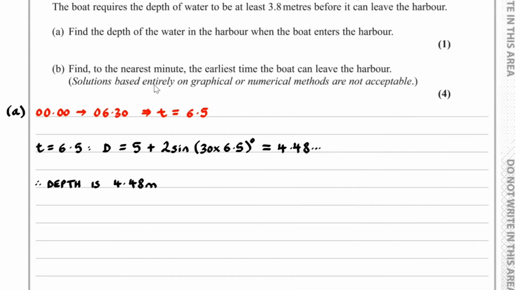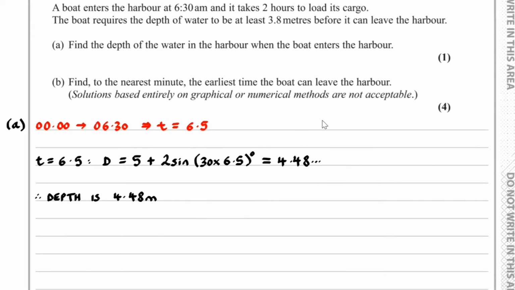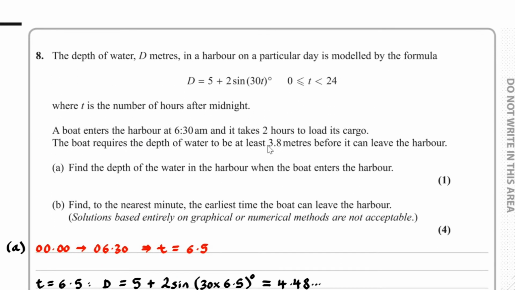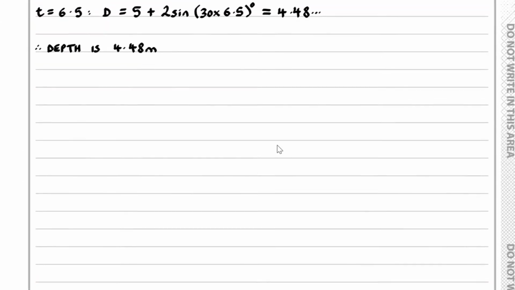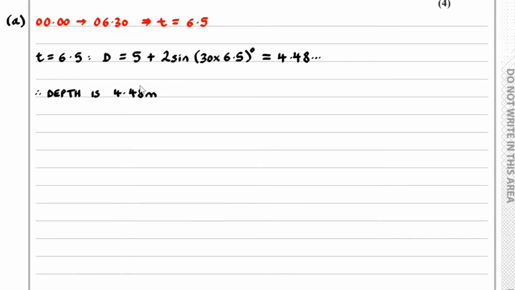Then, for part B, we have to find, to the nearest minute, the earliest time the boat can leave the harbour. Well, what we need to do here is set d equal to 3.8 and find the required time. So for part B, we've got 3.8 equals 5 plus 2 sine of 30t degrees.